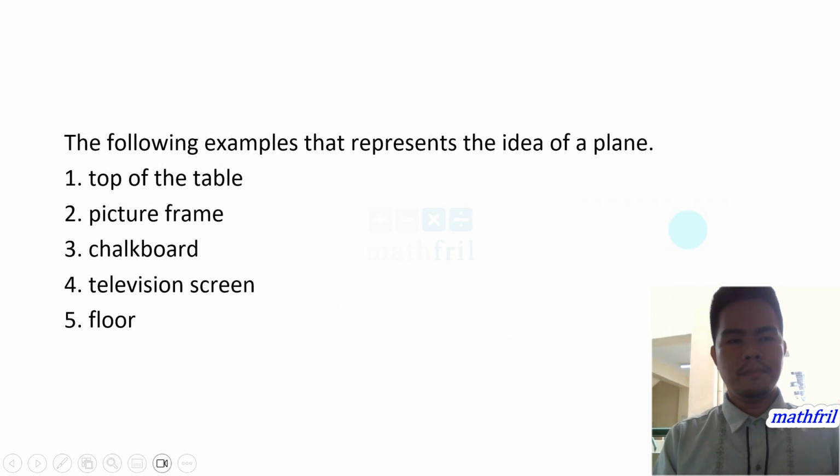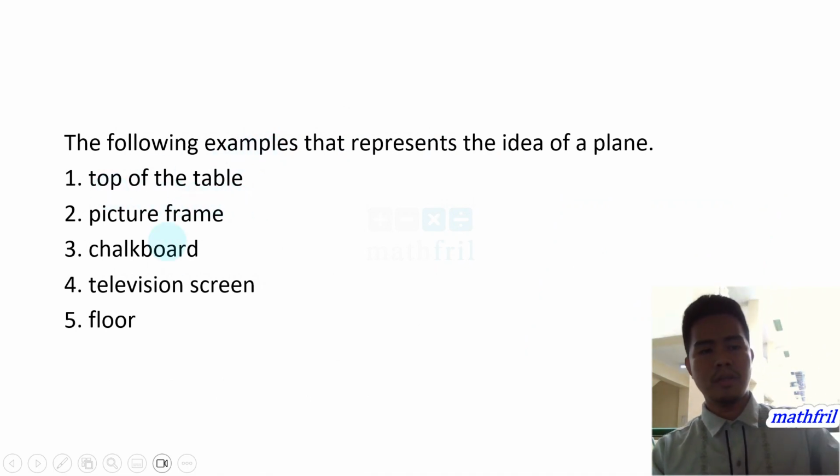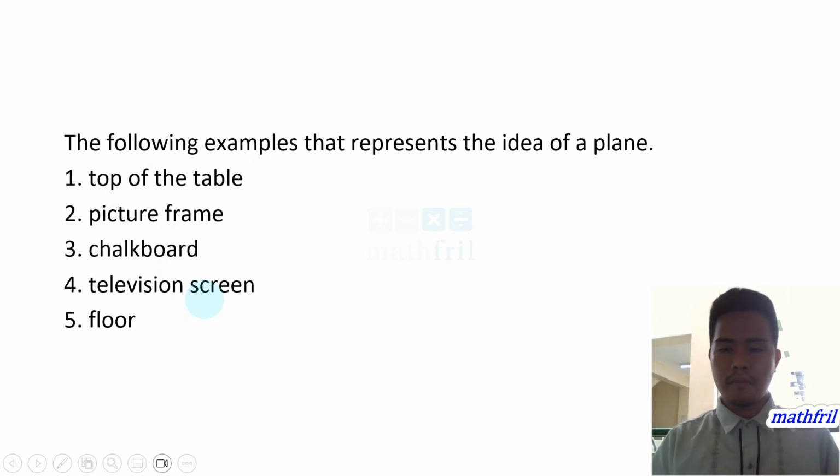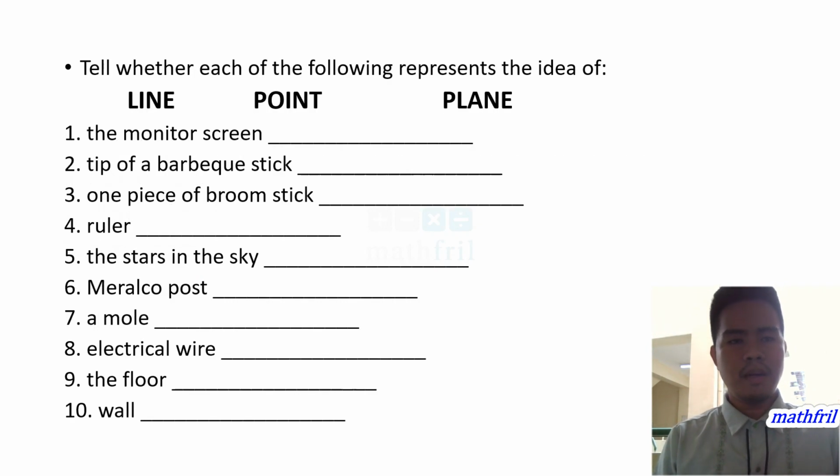A plane can be represented by the following: the top of a table, a frame, a chalkboard, a television screen, a floor. That is a plane. So there you have it. Now, for your activity, please tell whether each of the following represents the idea of a line, a point, or a plane.